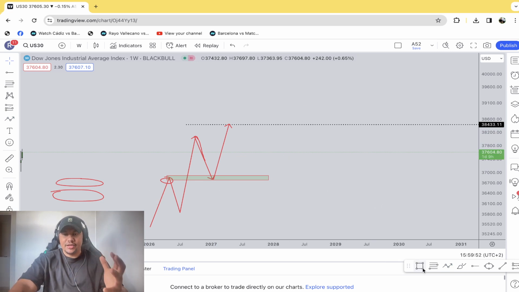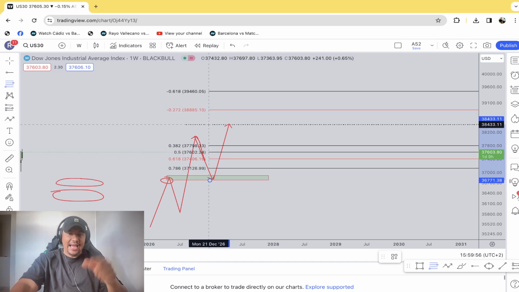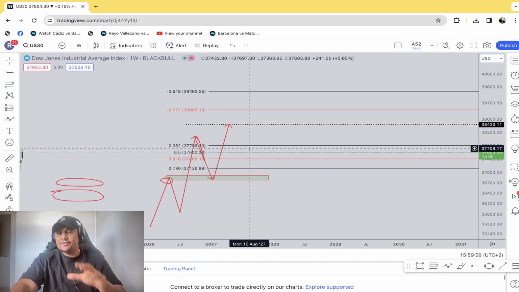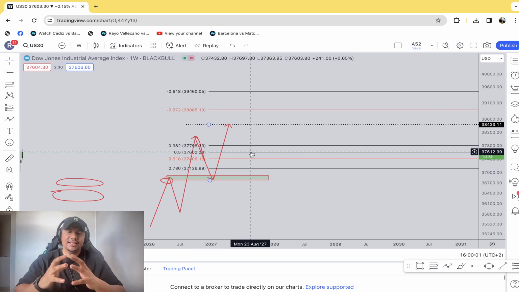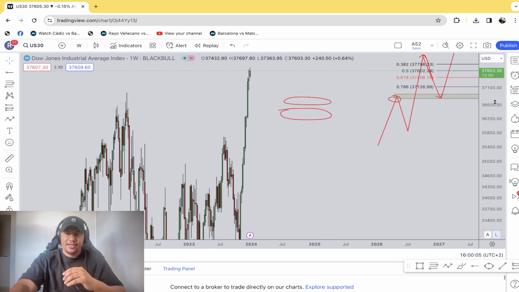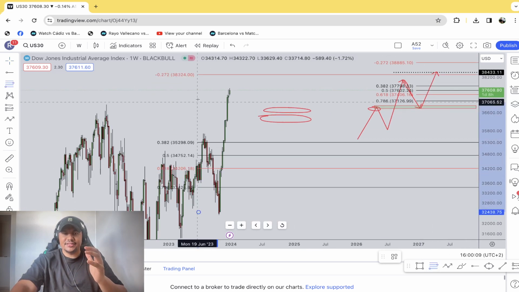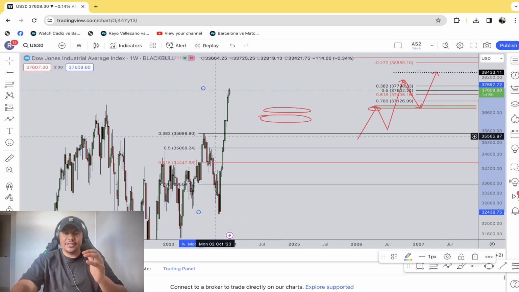Now if you want to measure the correction again, you take the Fibonacci from the low to the high. Now, let me give you a little tip. If the market is in a bullish continuation like the one that we see over here, it's always very important that when you measure this impulse, you look for the 38.2 to line up perfectly with the previous structure.